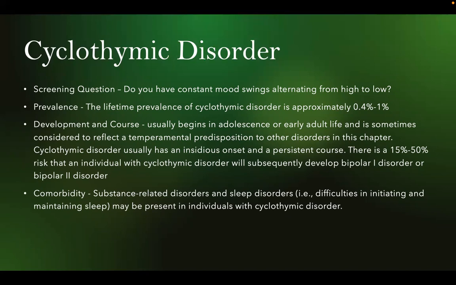This usually has an insidious onset and persistent course. There is a 15 to 50% risk that the individual with cyclothymic disorder will subsequently develop bipolar 1 or bipolar 2. So they will eventually meet criteria for either a manic episode and a major depressive episode for bipolar 1, or a hypomanic episode and a major depressive episode for bipolar 2.